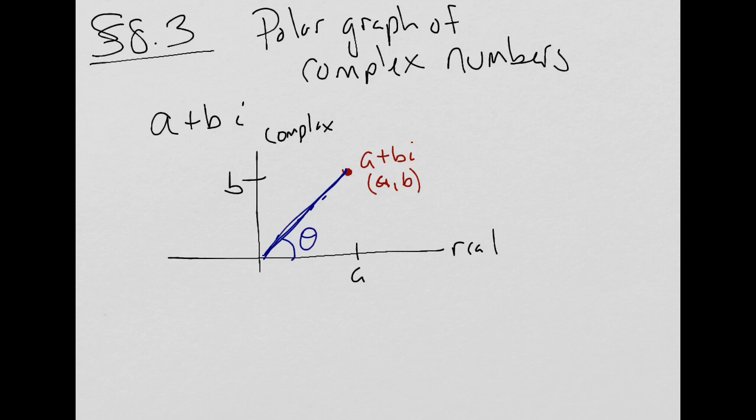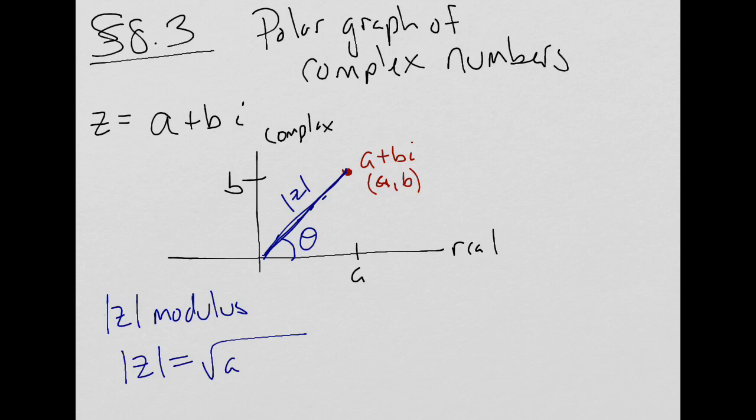I know, based on our definition of sine and cosine, that, let's call this guy z, this distance along the blue line here is called the absolute value of z, or sometimes the modulus. And that distance is going to be equal to the square root of a squared plus b squared. Just comes directly from our Pythagorean theorem.